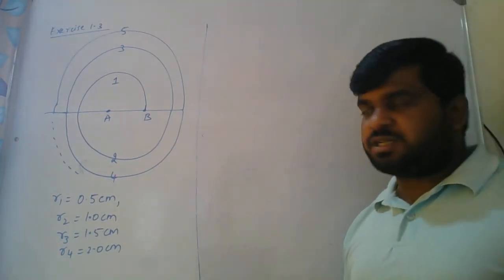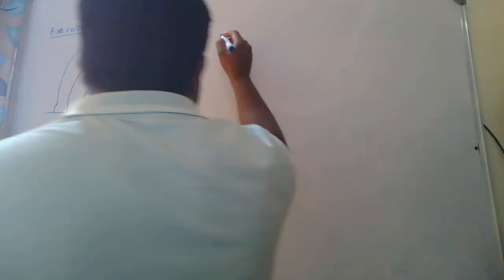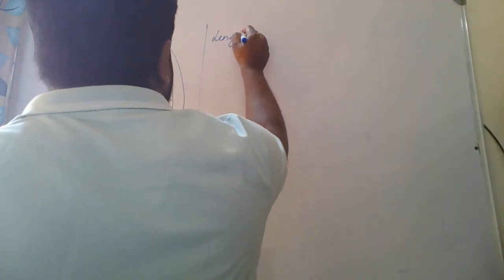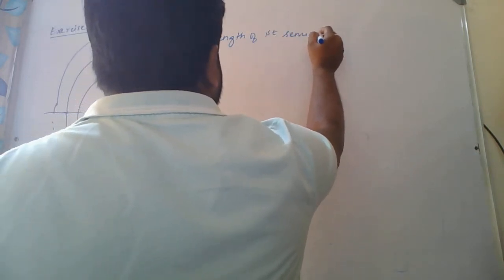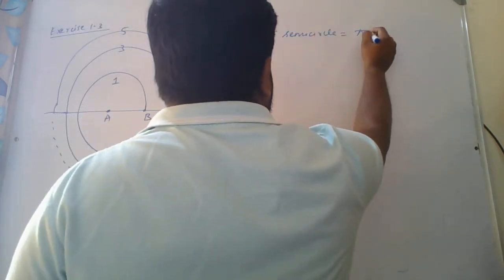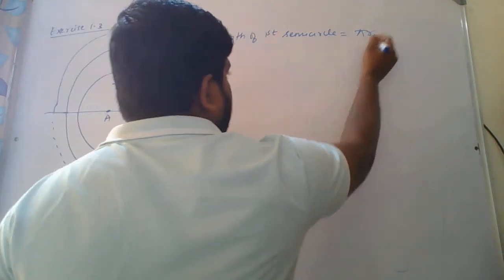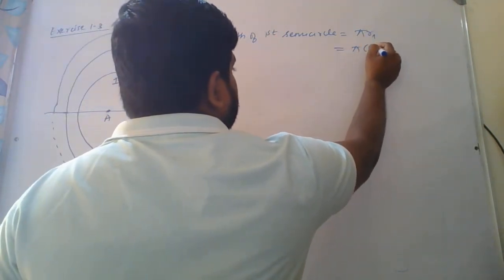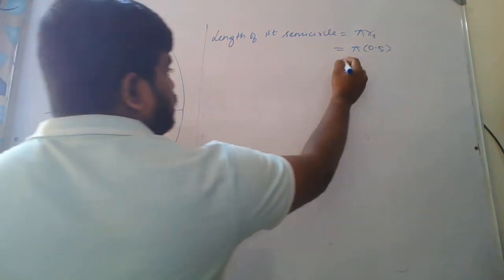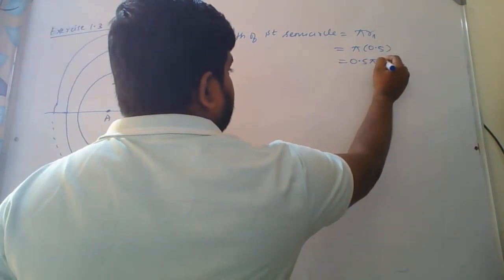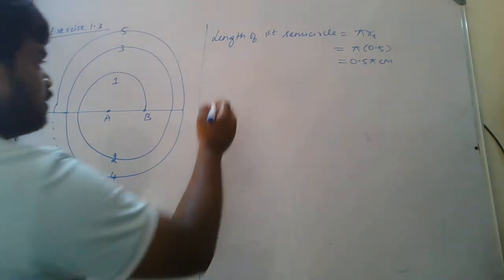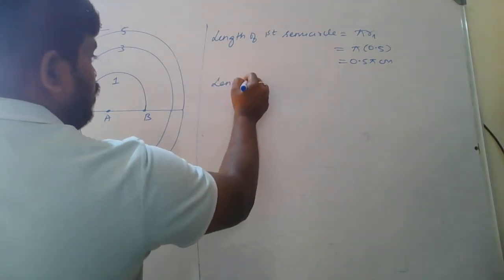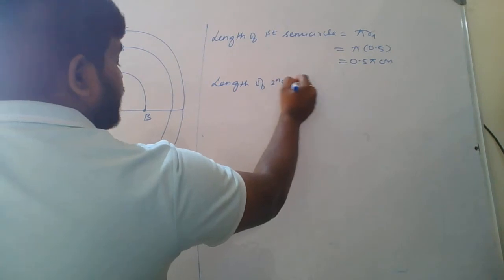First, let's find individually. The length of the first semicircle is given by pi r. Since it is the first, I'll take it as pi r1. So pi r1 is 0.5 pi, so it becomes 0.5 pi centimeters. That is the length of the first semicircle. Similarly, the length of the second semicircle.